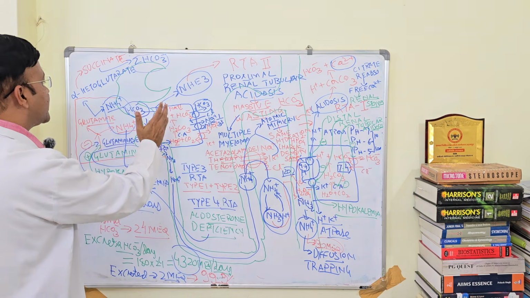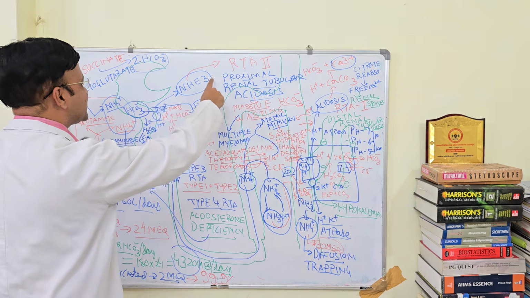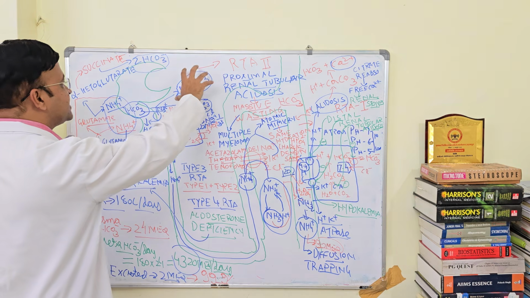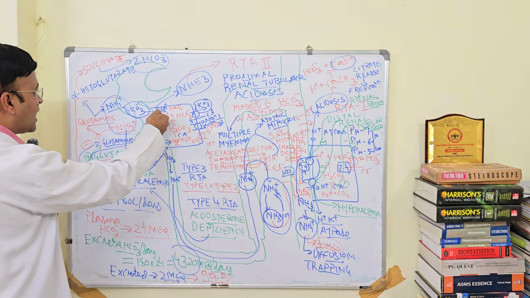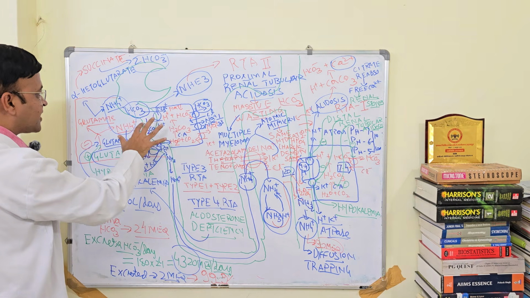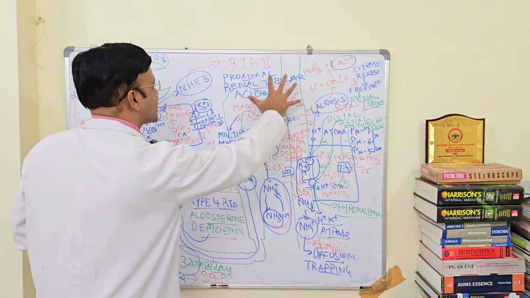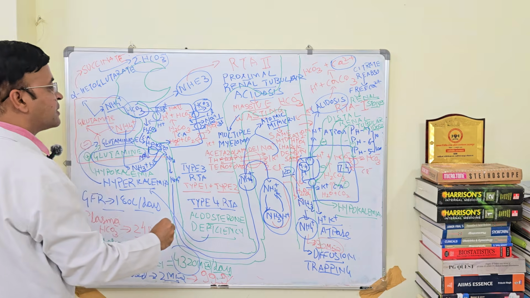So in type 2 renal tubular acidosis, called proximal renal tubular acidosis, NHE3 will become defective, right? If H+ is not going out, this bicarbonate won't get reabsorbed and it will be excreted out. So there will be massive bicarbonate wasting, which is classically seen in multiple myeloma.